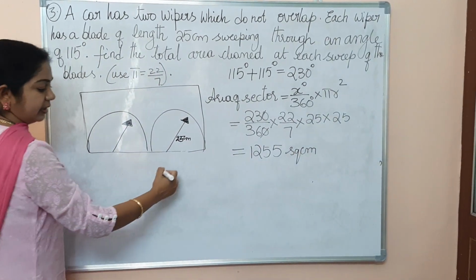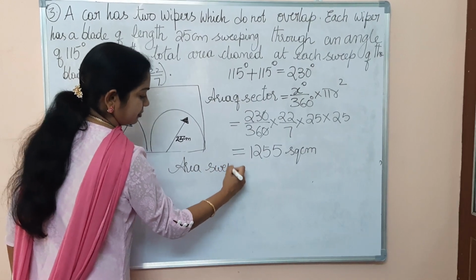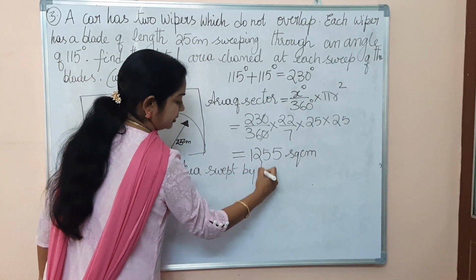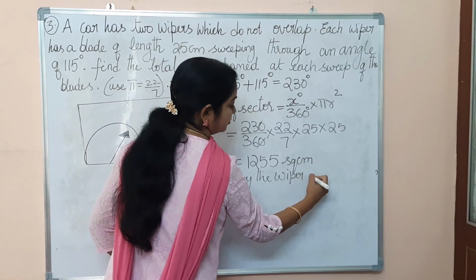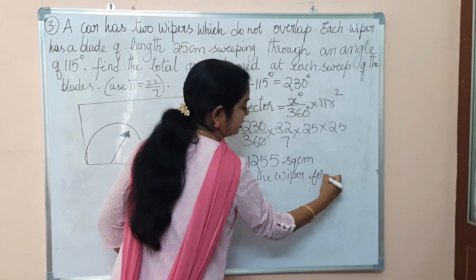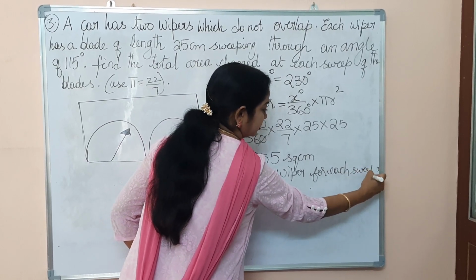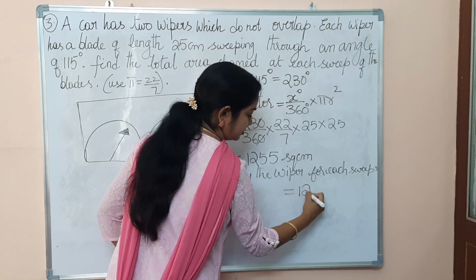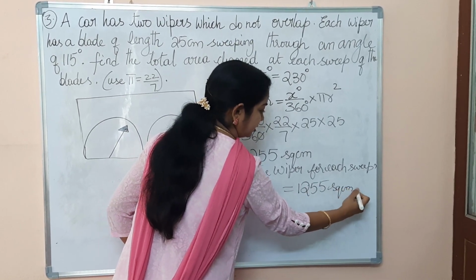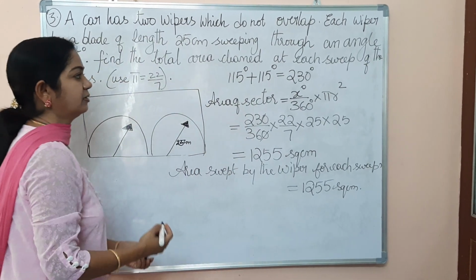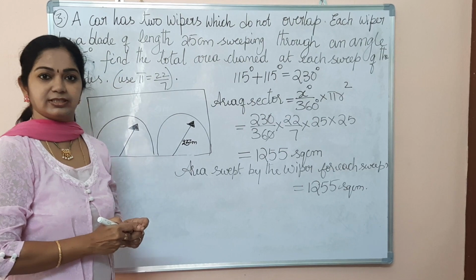So the area swept by the wipers for each sweep, for one sweep, is equal to 1255 square centimeters. So like this we can solve the problems regarding the segment of a circle.